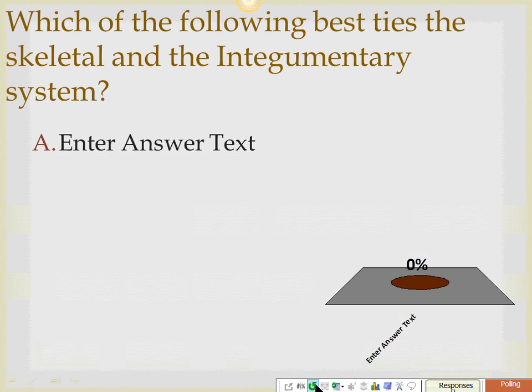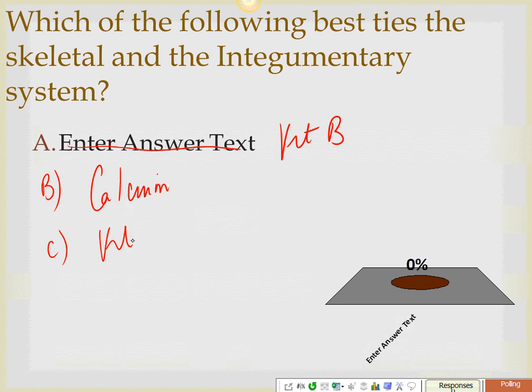Let's say choice A is vitamin B, choice B is calcium, choice C is vitamin D, and choice D is melanin. Which of these ties the skeletal with the integumentary system?